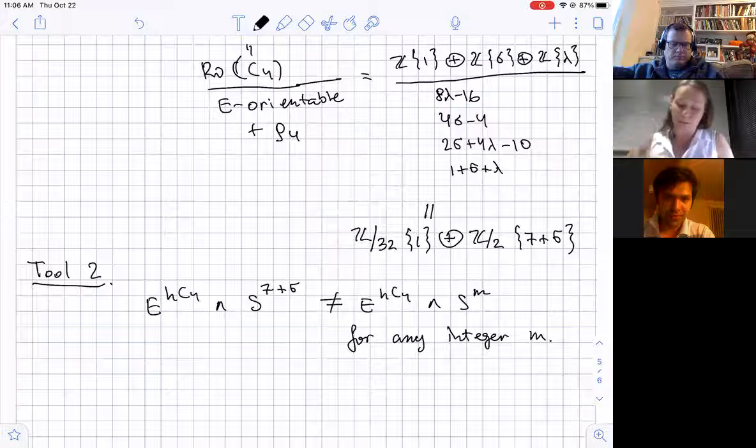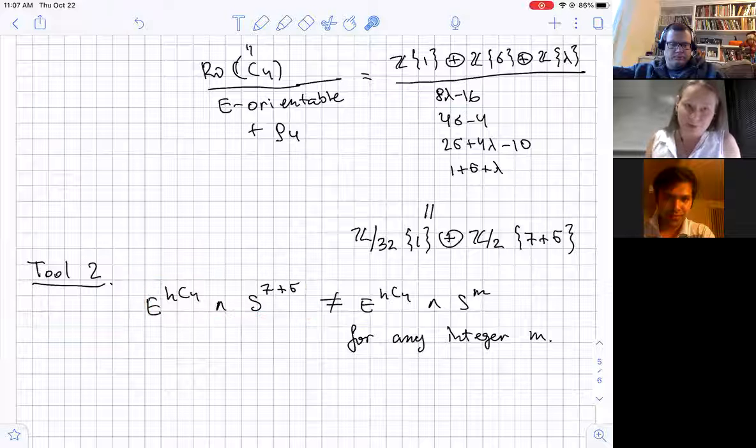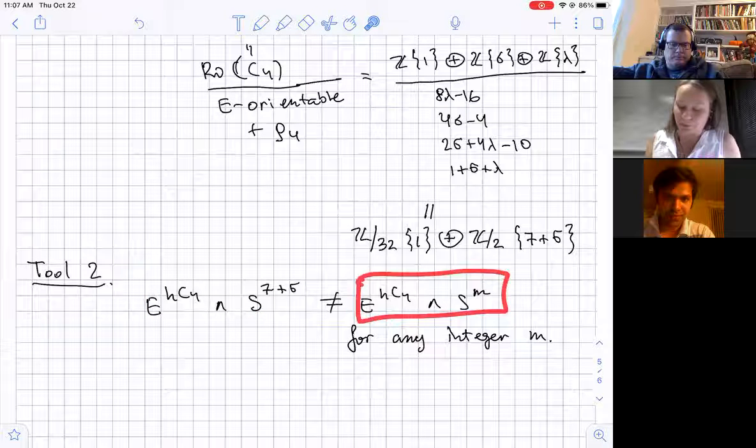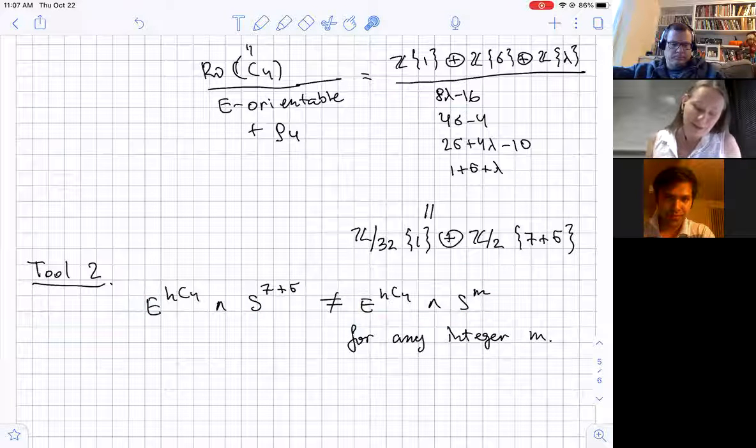We literally compute the ROG graded spectral sequence, which means we know the homotopy groups of this and of this for all M, and we just compare them, and we see that there is no way they'll ever be the same. I can actually show a picture right now.